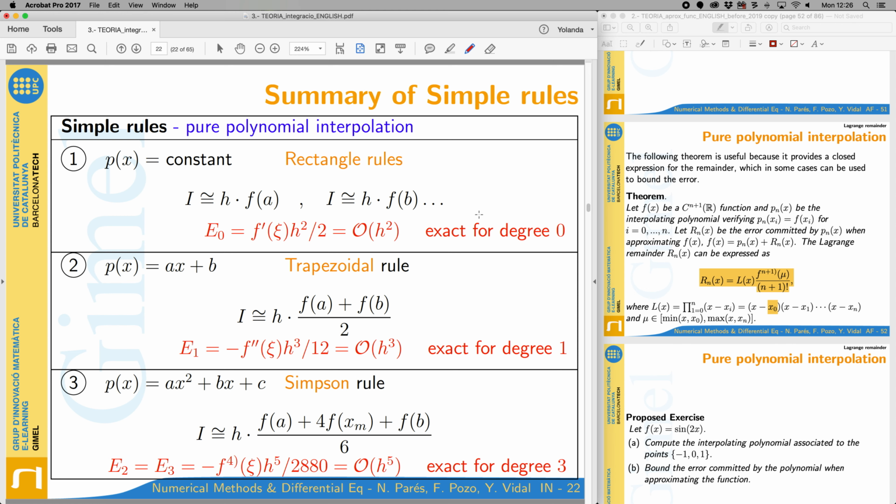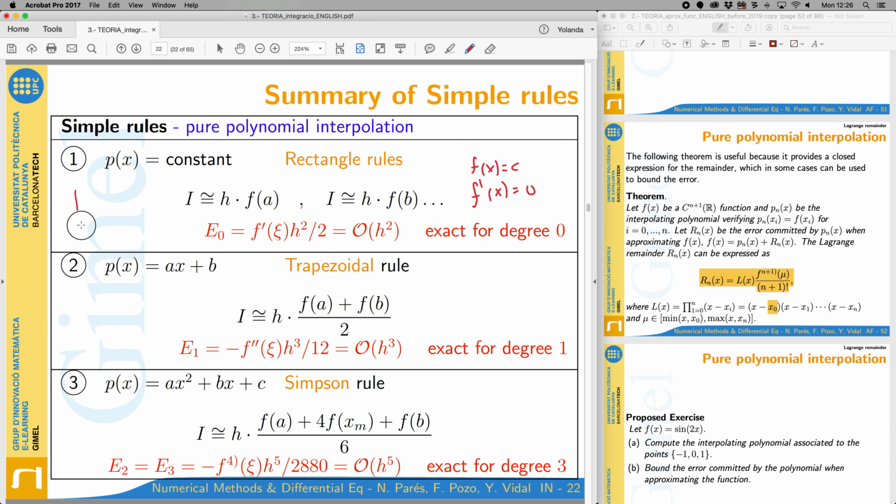If my function f of x is a degree 0 polynomial, so that means this is a constant value, then of course f prime of x is going to be 0, and this error is going to be 0, and that means that the rectangle rule is capable to compute exactly integrals of polynomials with degree 0.